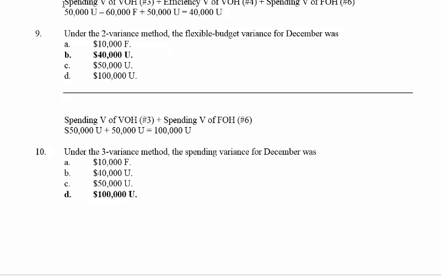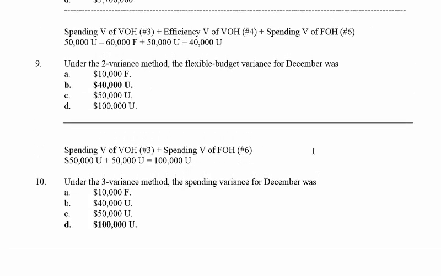You can go back up through some of our numbers, and in question number 3, we calculated the spending variance for variable overhead, which was $50,000 unfavorable. We want to net that with our efficiency variance for variable overhead that we calculated in number 4. Those two things were the flexible budget variance related to variable overhead. And then we want to net those with the flexible budget variance for our fixed overhead.